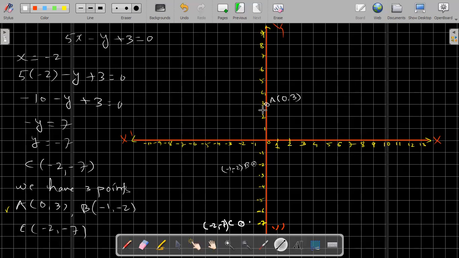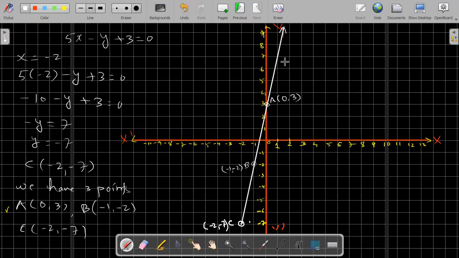Now you have to join these 3 points to get the graph of the line. So you join them and draw the whole line. You can extend it below also. This is your graph.